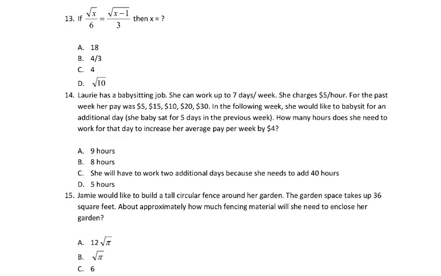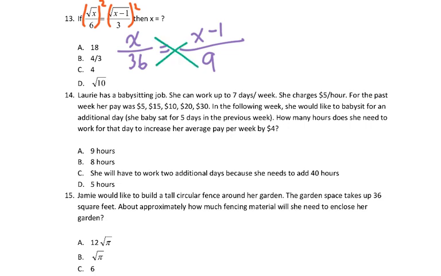For number 13, first of all, since this is a square root function, I can square both sides, and you will get x over 36 equals x minus 1 over 9. Then you can cross multiply. You will get 9x equals 36 times (x minus 1).